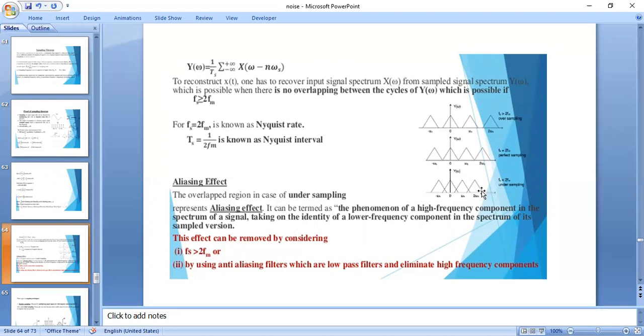This effect can be removed by choosing fs greater than or equal to 2fm, or else you have to use anti-aliasing filters.